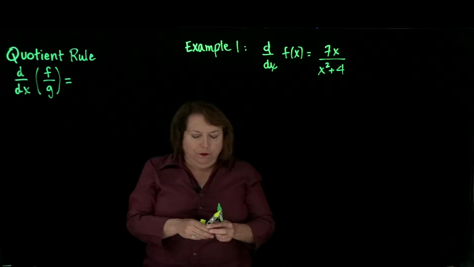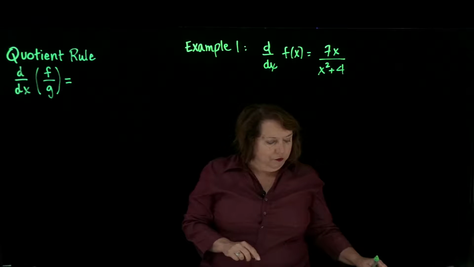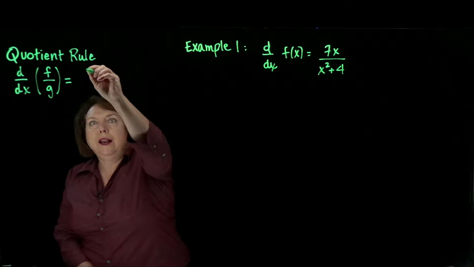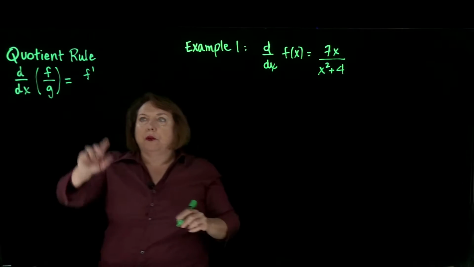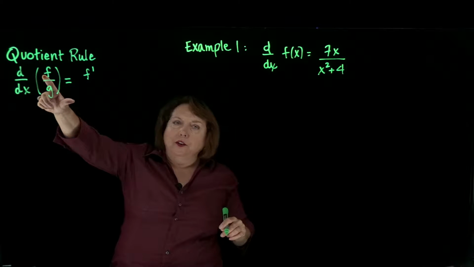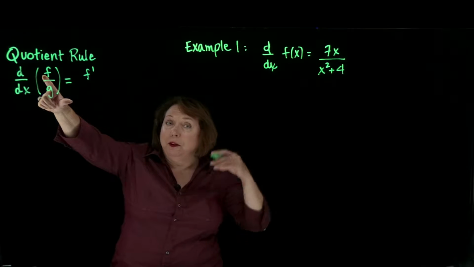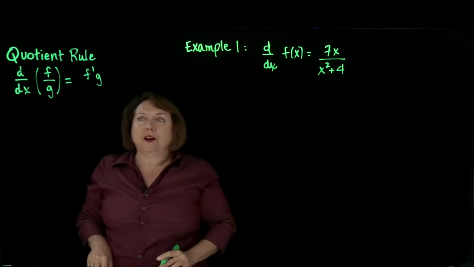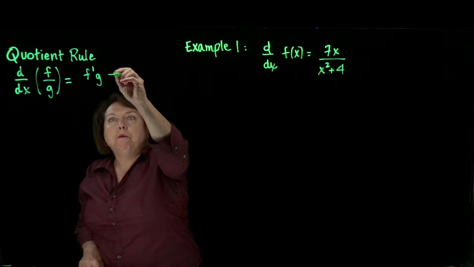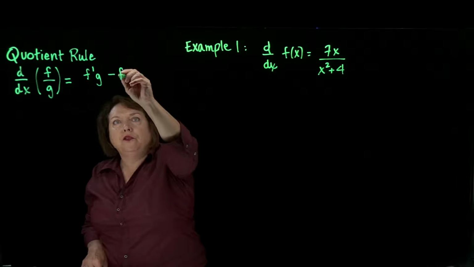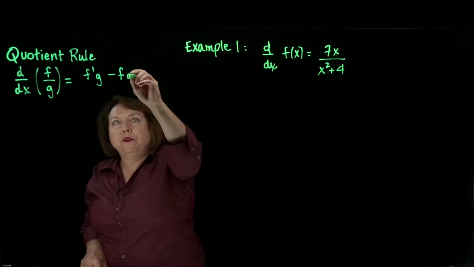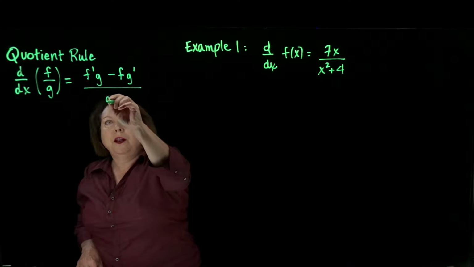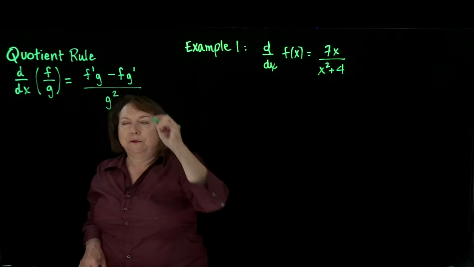If we're taking the derivative of a function divided by another function, we need to use the quotient rule, and it will be the derivative of the function in the numerator, or the function above the division bar, times the function in the denominator, minus the function in the numerator times the derivative of the function in the denominator, divided by the denominator squared.